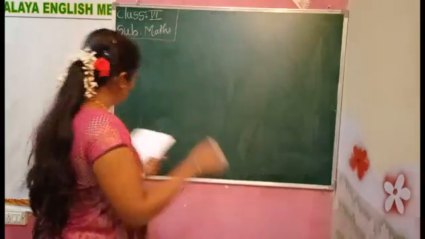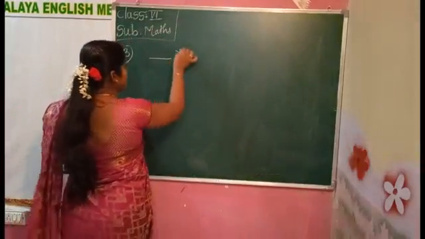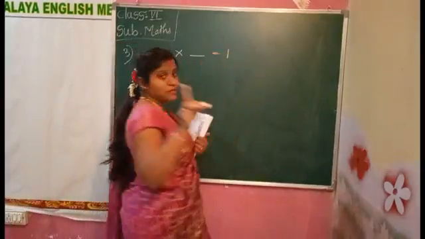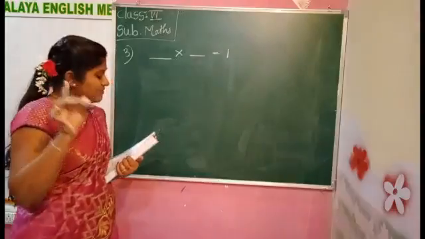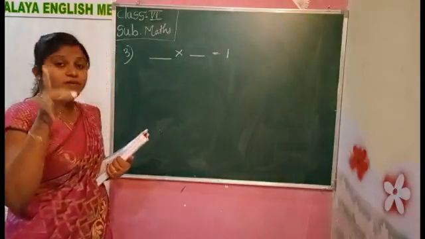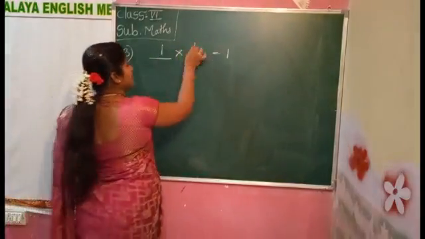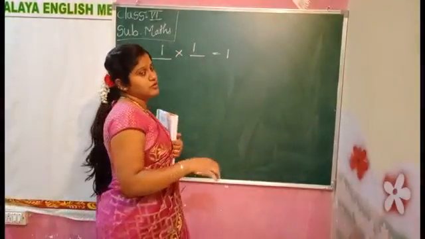Justify with example. What they are telling? The product has to be 1. Can we say that one or both of them will be 1 only? Yes, it can be. Both of them will be 1 only.